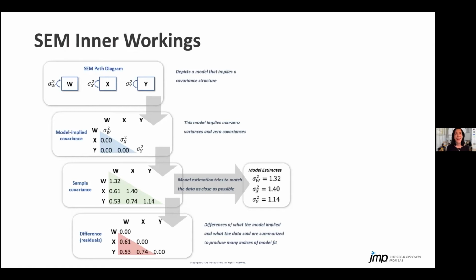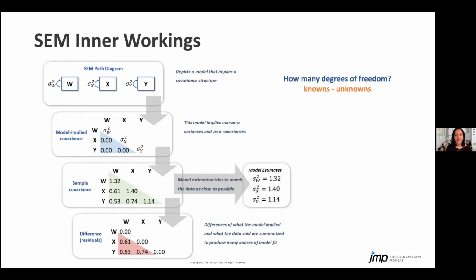Another thing is that there's a lot of work over the years that has been focused on coming up with indices of model fit that basically summarize in one statistic what's all in that residual matrix. So we do have those model fit indices that allow us to also figure out whether our models fit well or not.